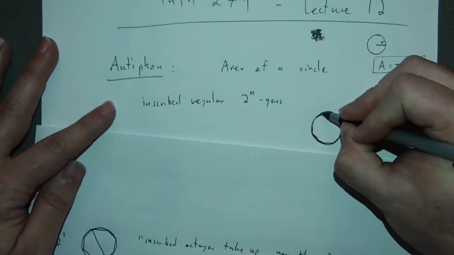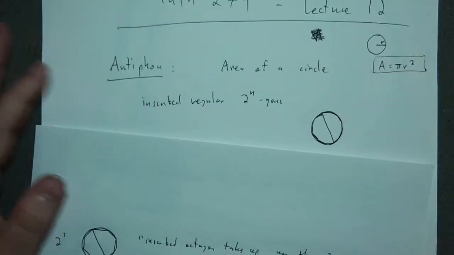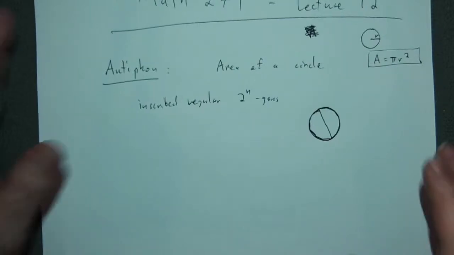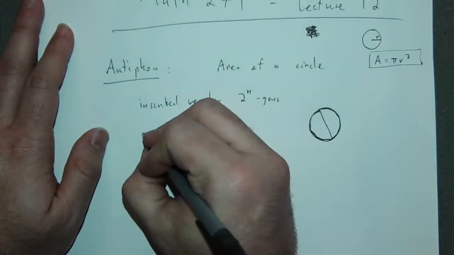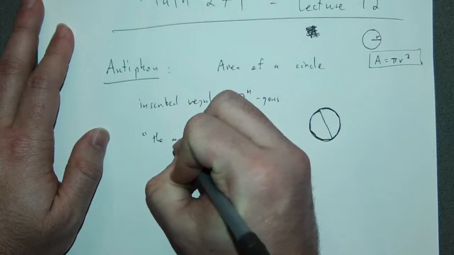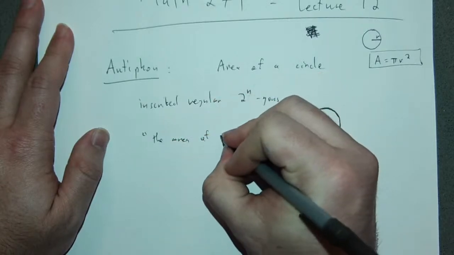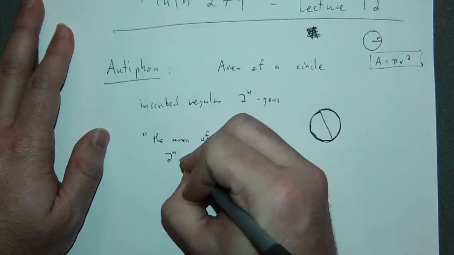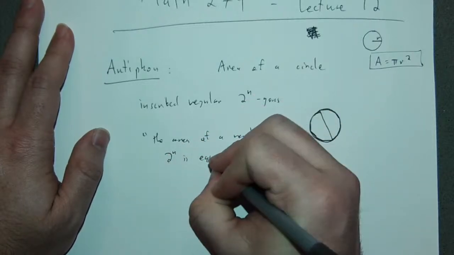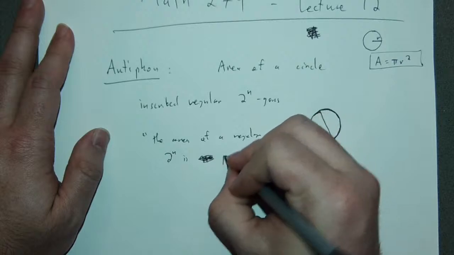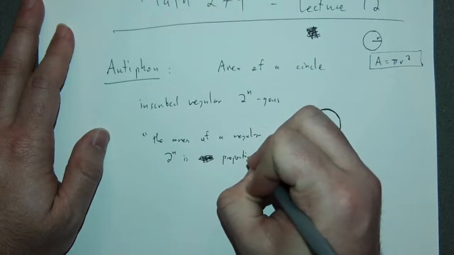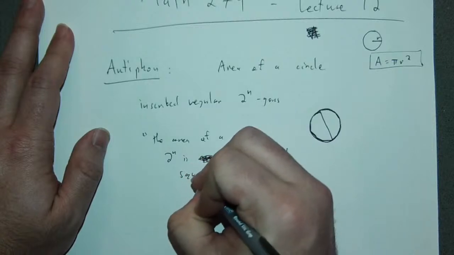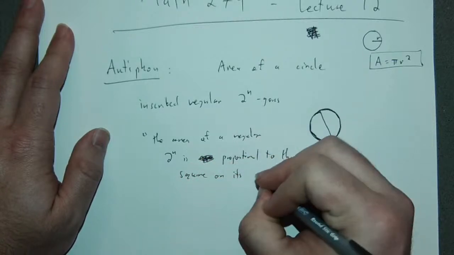Well, when you do that, what do you get? You get a diameter of the circle. And it was known that the area of a regular 2 to the n-gon is not equal, I should say, but proportional to the square on its diameter.